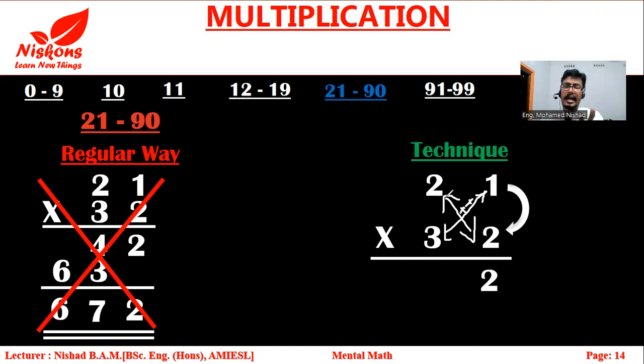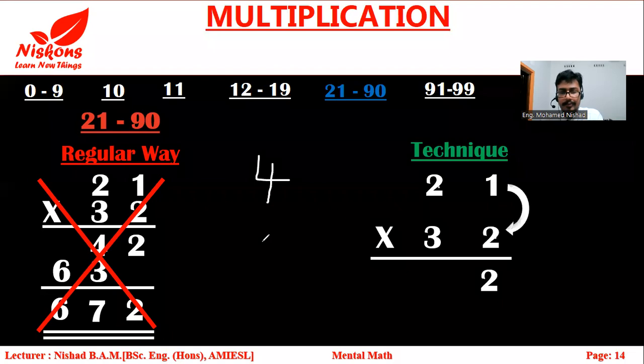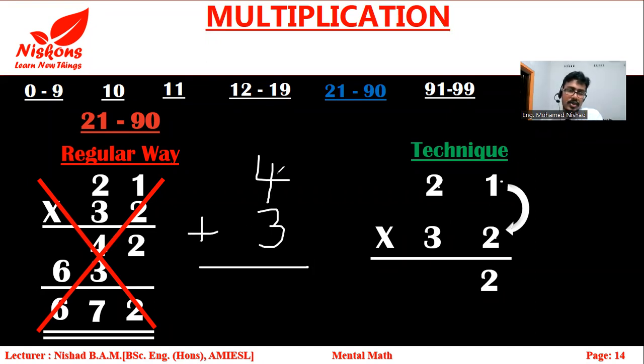After cross multiplying, finally we have to add them together. Let me do that. So 2 times 2 will be 4, and 1 times 3 will be 3. Now we have to add them together. So 4 plus 3 will be equal to 7. So that 7 will come over here.